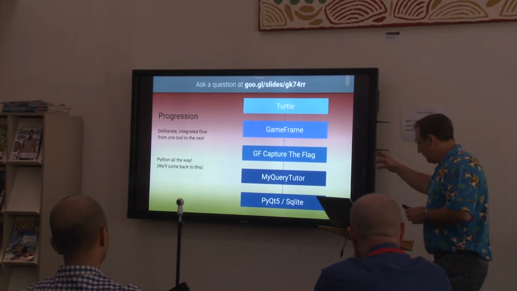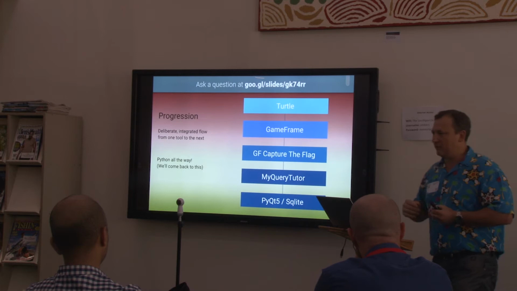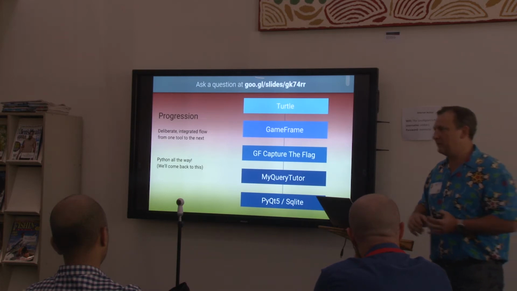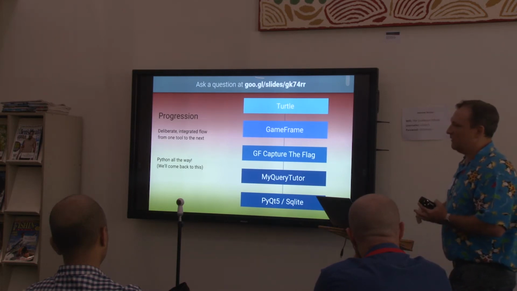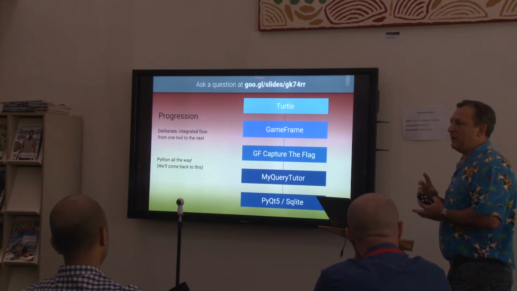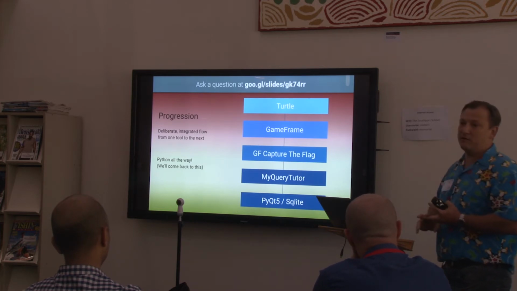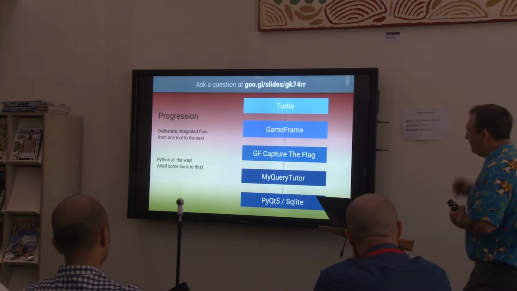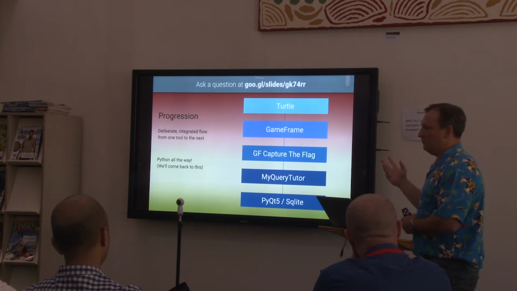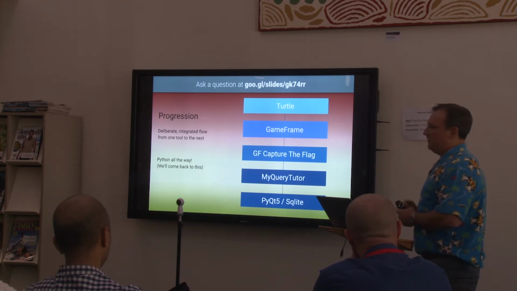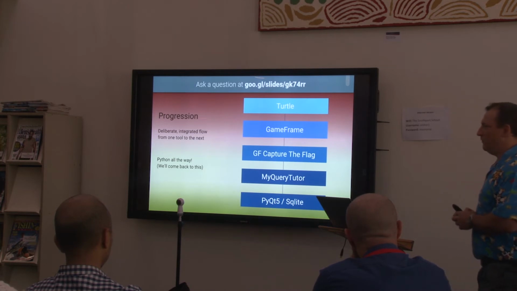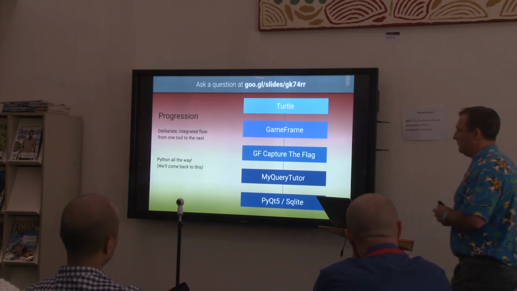GameFrame is the next step after Turtle. So Turtle will get us up to speed with basic syntax. It'll give us variables, it'll give us loops, it'll give us branching as well, it'll even go up to the level of functions. At that point, I start to find Turtle becomes a little less intuitive, not the perfect tool to go further from that. But that takes us a long way, and that's really, really good.